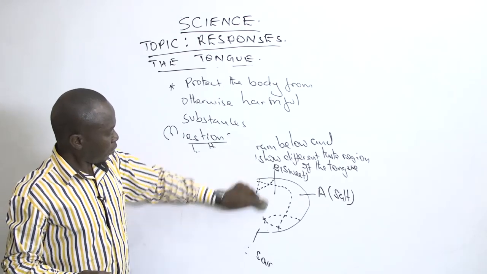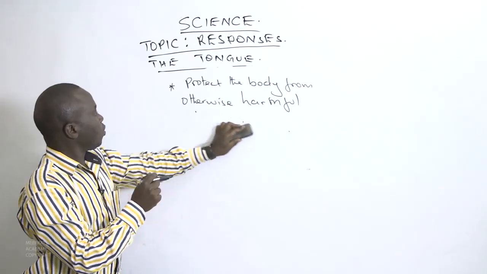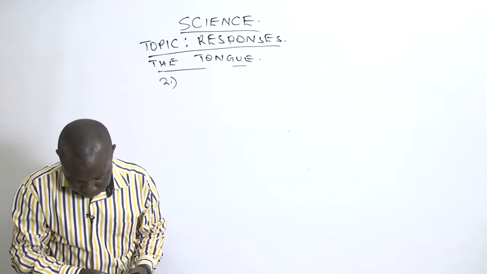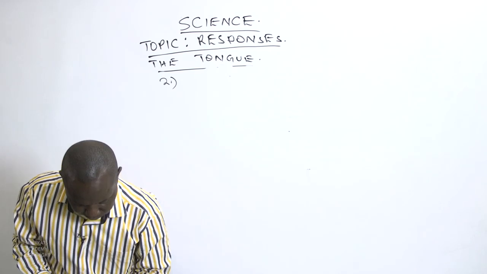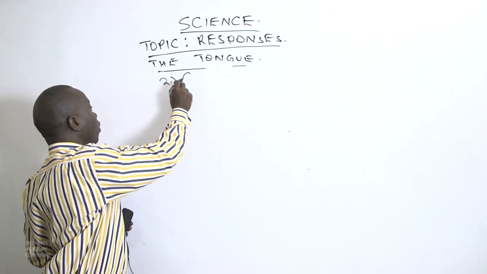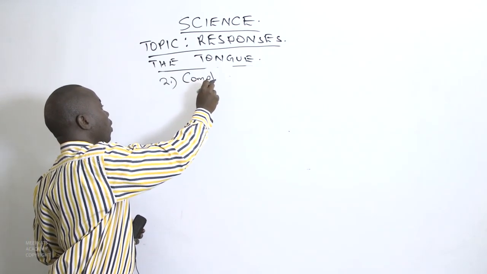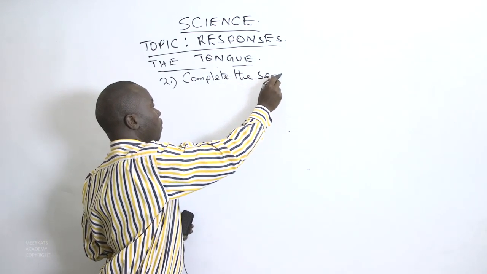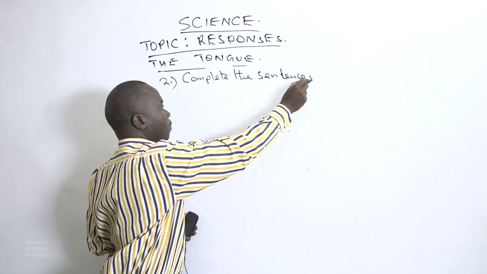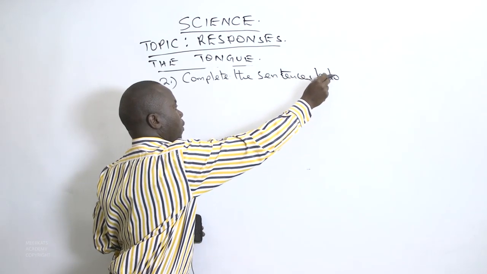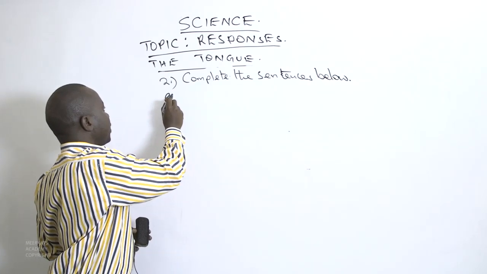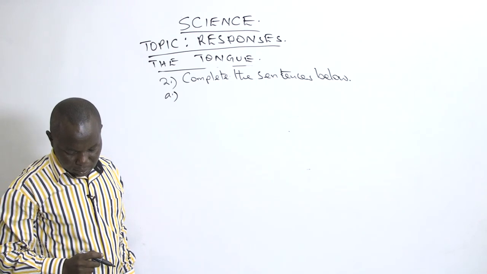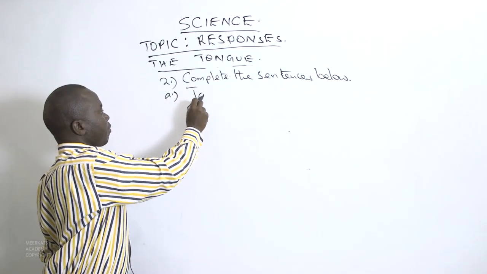The other question, question 2: Complete the sentences below. Part A of the sentence: test pads are dash and detect chemicals.